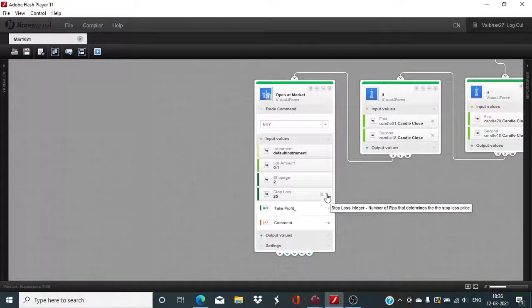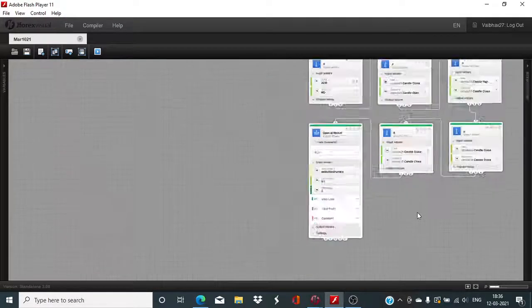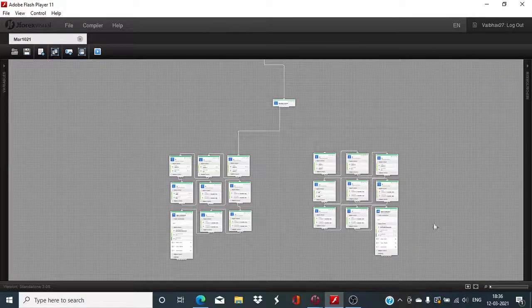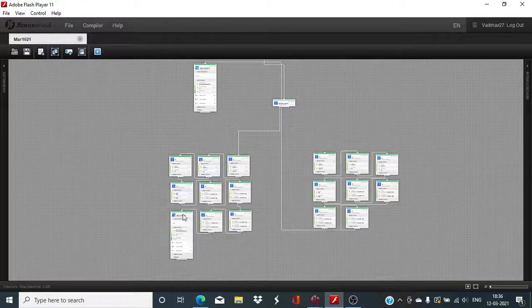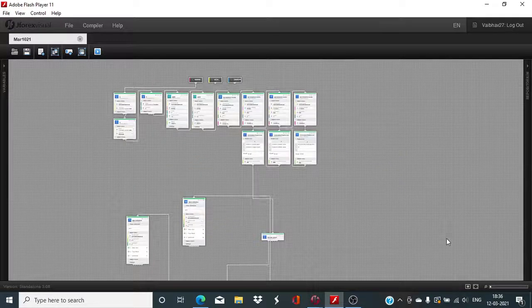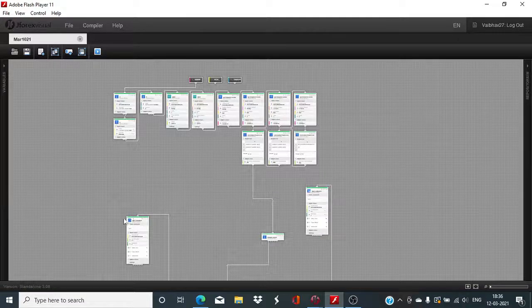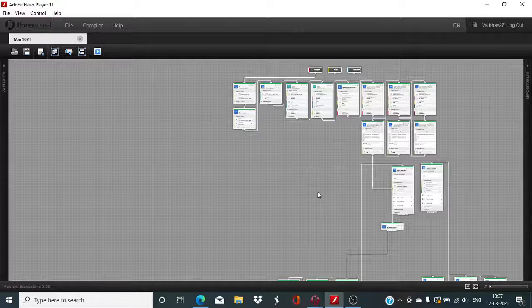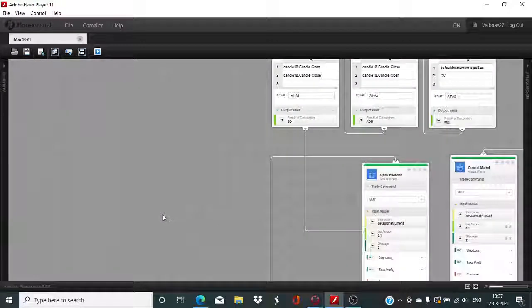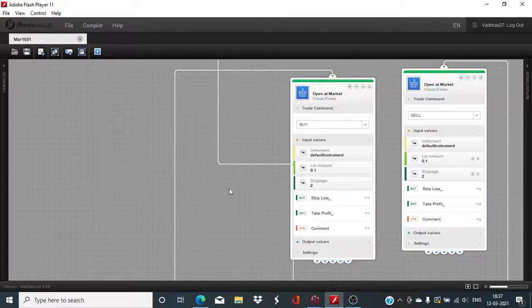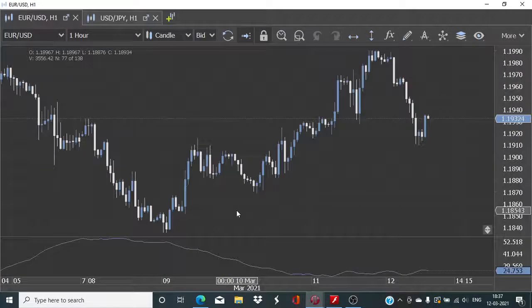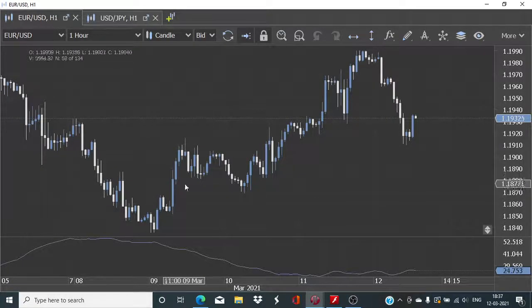Okay, I am going to take both these blocks higher where we will define these variables. Okay, so for the buy side, the stop loss is simply going to be the difference between the last hourly candle close and opening price.